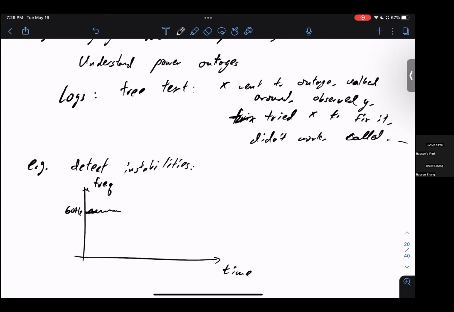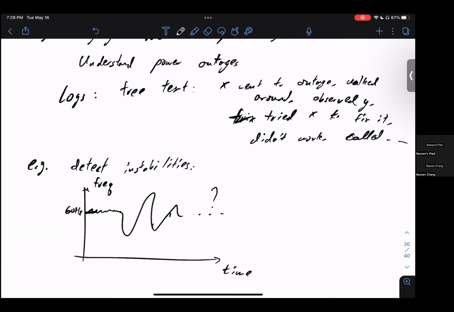Now, sometimes you see a large oscillation start to happen. And then your question is, what happens now? Will this eventually get damped down, so the system recovers to 60 hertz, or does the system just blow up on you? This is an important question you ask as a system operator.